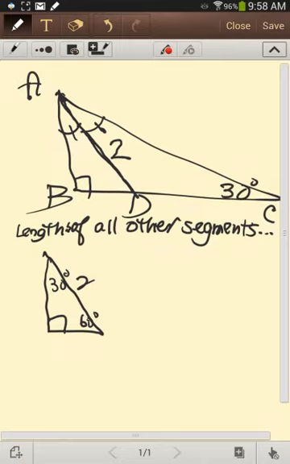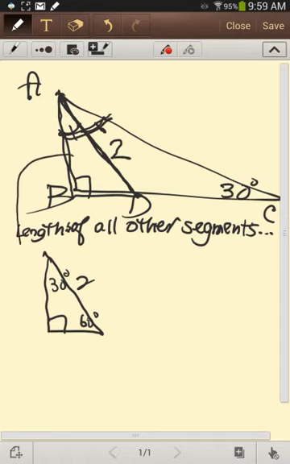One approach is to start with the triangle on the left, the small triangle here, and this whole angle is 60 degrees from the big 30, 60, 90, so each of these would be 30 degrees.